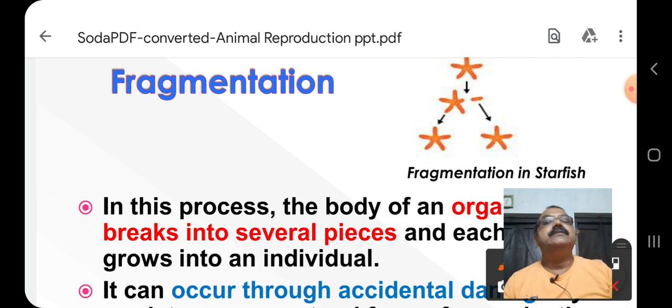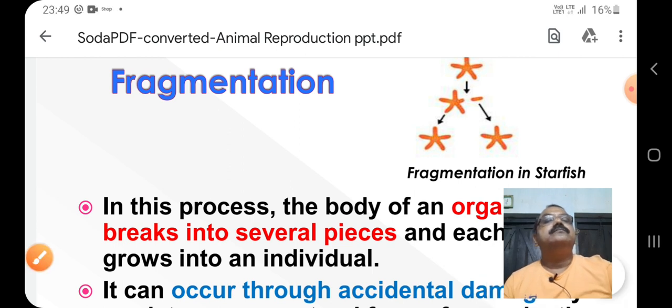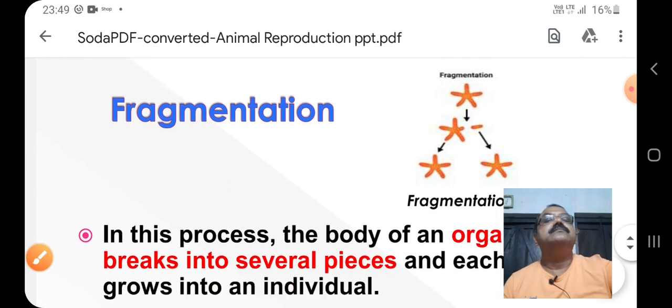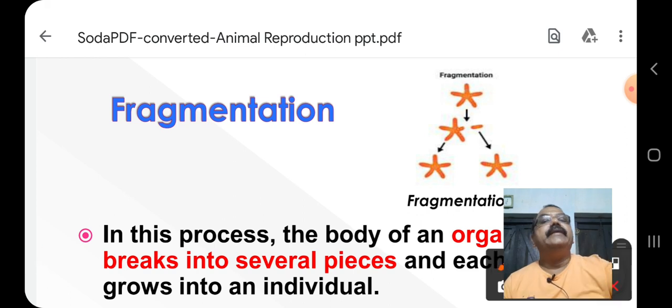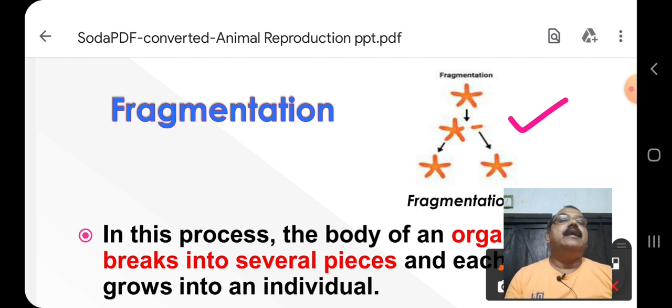In this figure, you can see there is a starfish and its arm is fragmented. Then the fragmented arm grows into a new individual, and the rest of the body also grows into an individual.